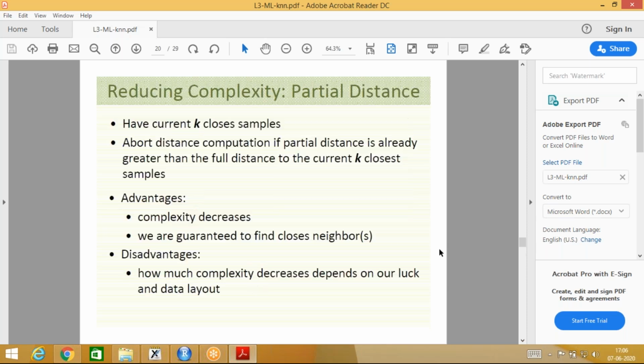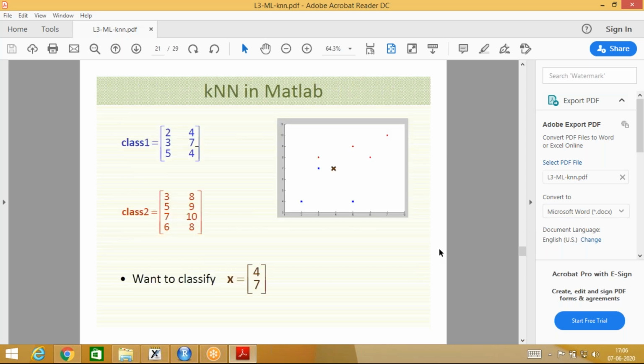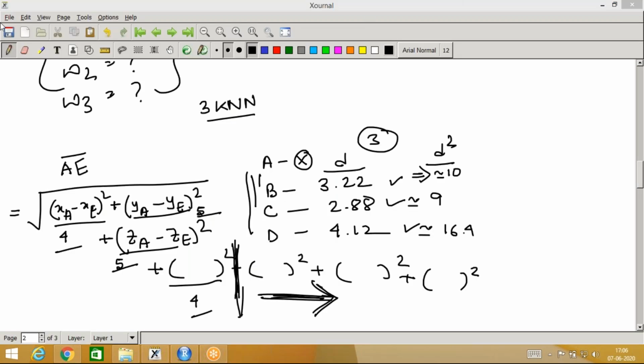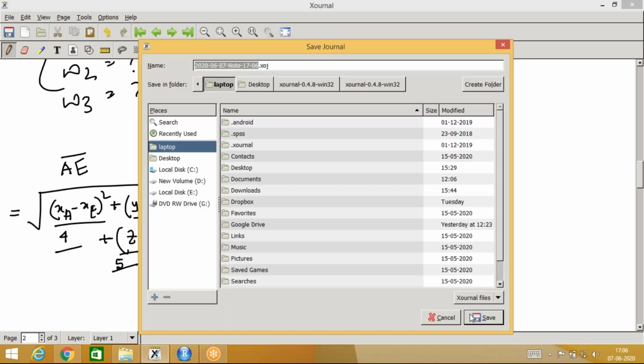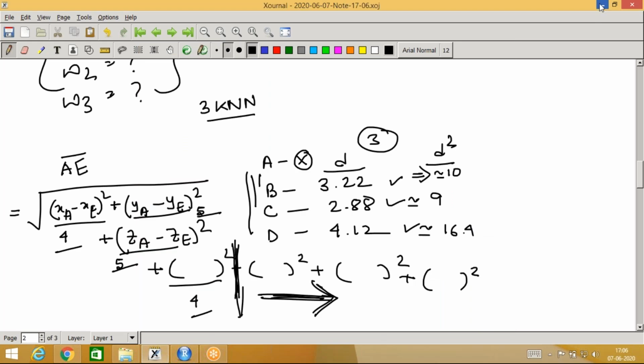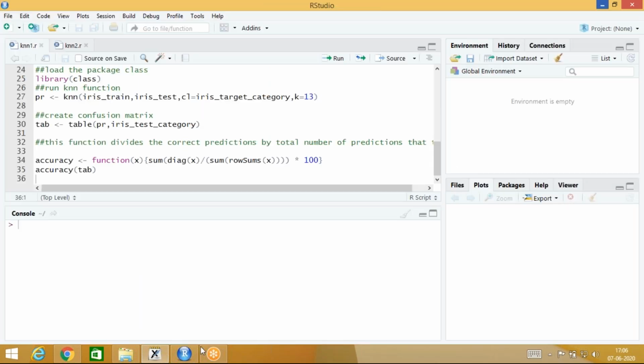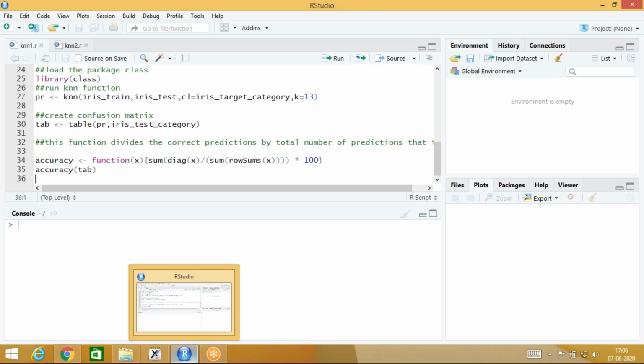So next, the implementation in MATLAB is given in this PPT. This particular PPT is already shared in Canvas. The link is shared. You can go and check the PPT in Canvas. I will show you the implementation of this one. There are knn-mon and knn2.r files under the knn zip file that I have shared.